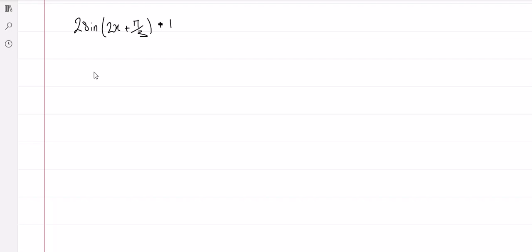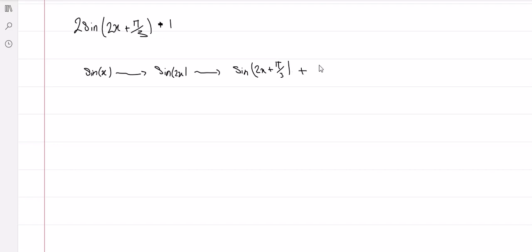So we're gonna start with the sine of x. Then we're gonna change this to sine of 2x. And then we are gonna change this sine of 2x to sine of (2x plus pi over 3).